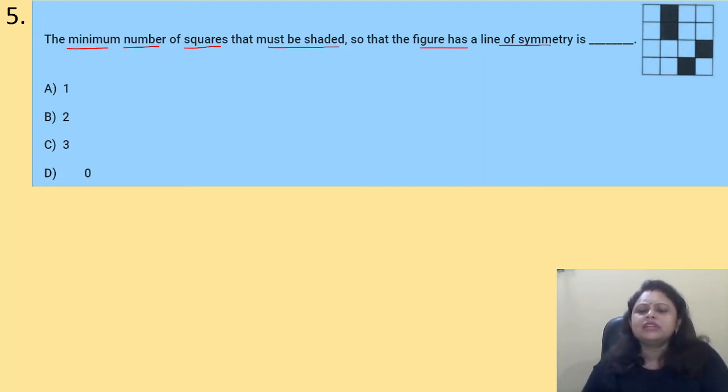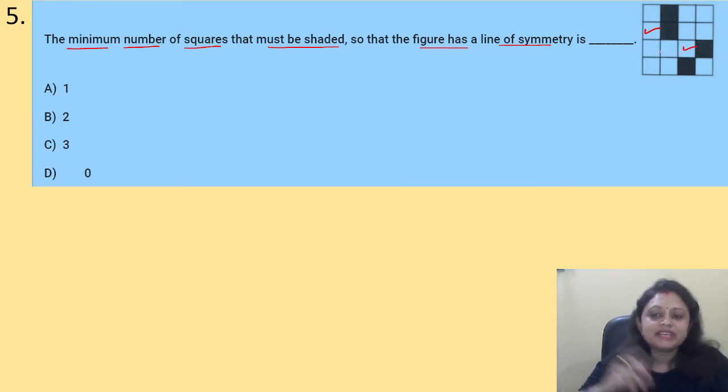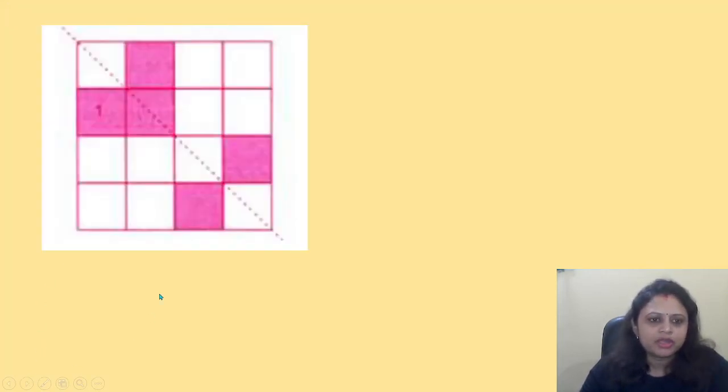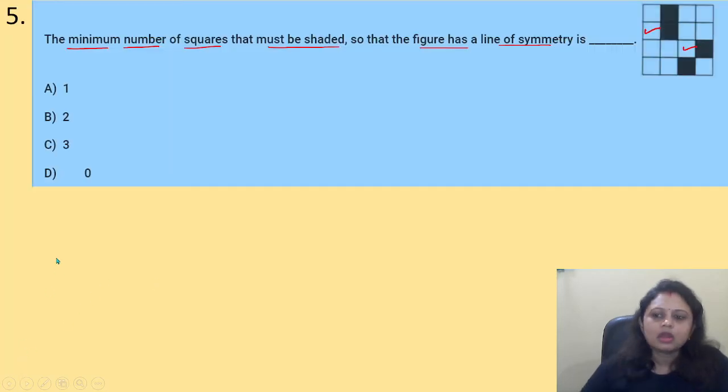So for that what we need, can you suggest? This box needs to be shaded, and also this box, right? So if we shade these two squares, then that figure will have line of symmetry. Okay, yes. So you can see that. So how many squares need to be shaded? That is option B 2.